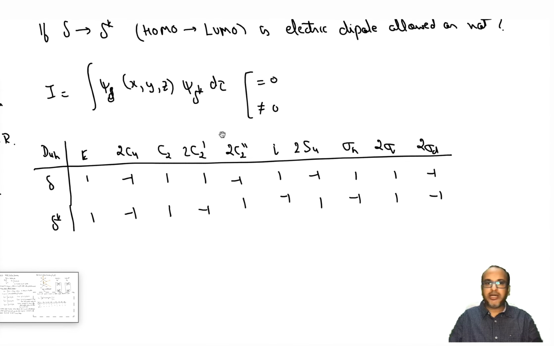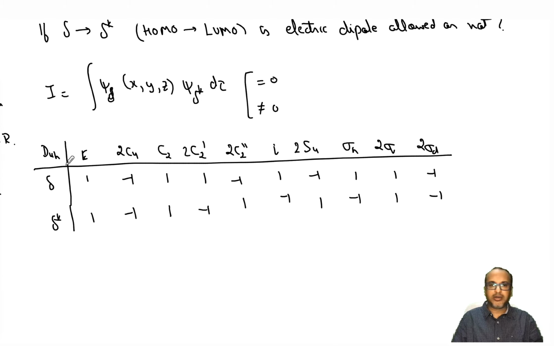Once you find out the representation corresponding to delta and delta star, I can now compare it with the standard character table of D4h and find out that one of them is B1g and the other one is B2u.